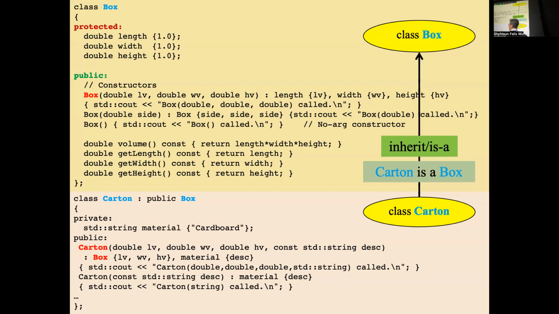For example, the class Carton has an attribute called material. So that is a has-a relationship. Basically, what we learned in chapters 11 and 12 is largely about implementing the has-a relationship. So it has a material. Now inheritance is an is-a relationship, and I want to represent this relationship. So let's take a look.